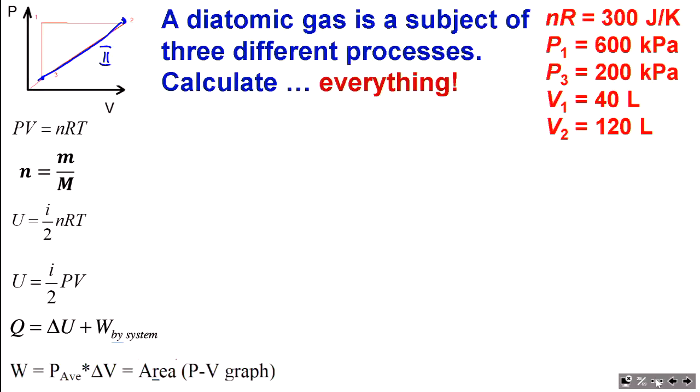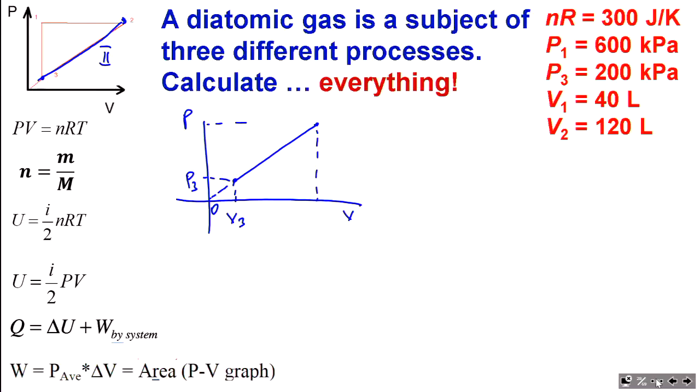So we cannot apply any specific physical equation. However, we can apply a mathematical equation because this line goes straight to the zero, to the origin. So we can just relate these variables purely geometrically.